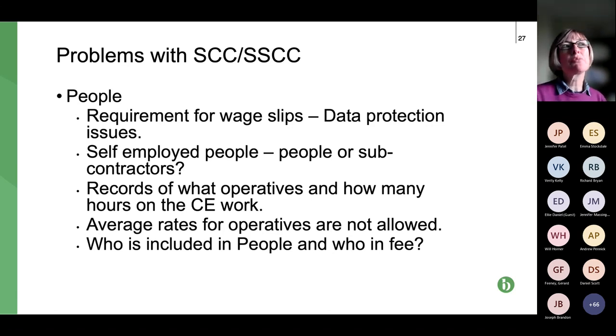So if you're having to prove what each individual person in your organisation or on site costs, you're going to have to provide a lot of documentation, not just wage slips probably. And of course, the penultimate bullet point also applies here, that we're not talking about average rates for operatives, so we pay our labourers between X and Y pounds per hour or per year.